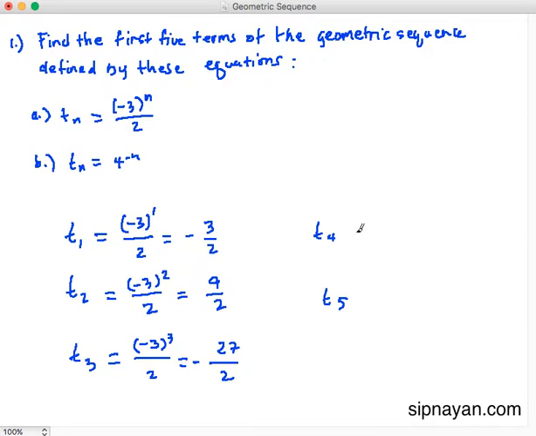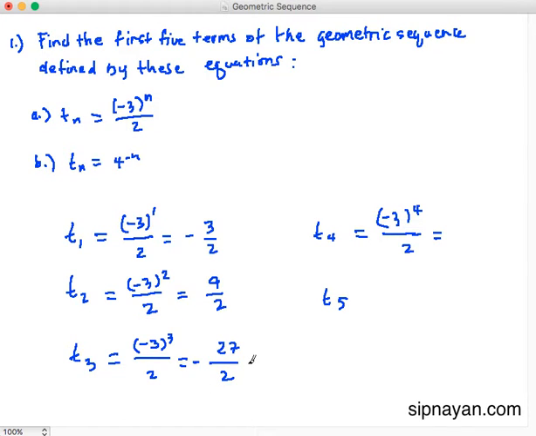Next, we have t sub 4, this is negative 3 to the 4th divided by 2, which is equal to negative 3 to the 4th is same as negative 3 cubed times negative 3, diba? So what is negative 27 over 2 times negative 3?